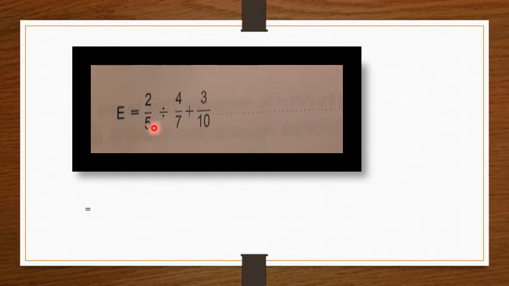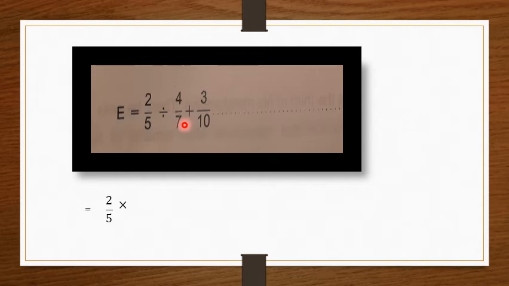Now we have division and addition. Priority goes for division, and we know that we have to write the first fraction as it is, and then division is replaced by multiplication, and write here the inverse of the second fraction.